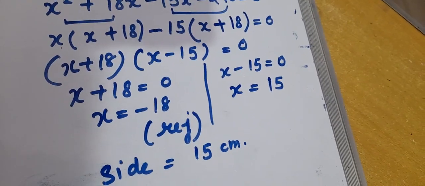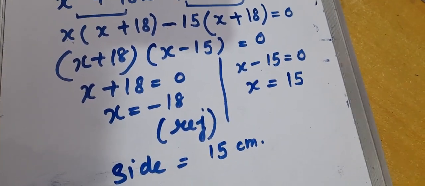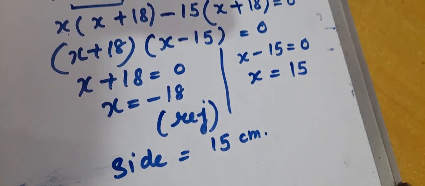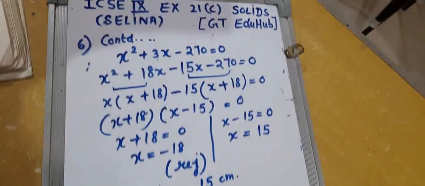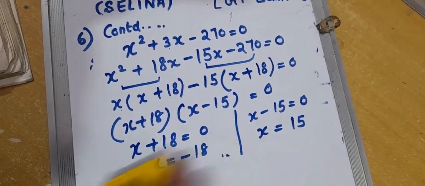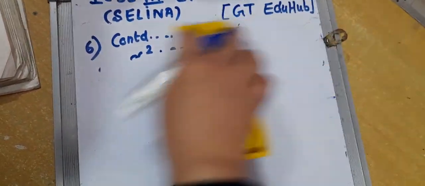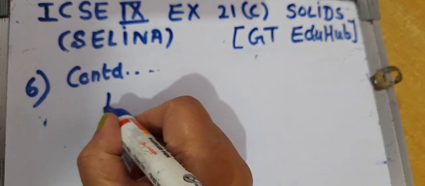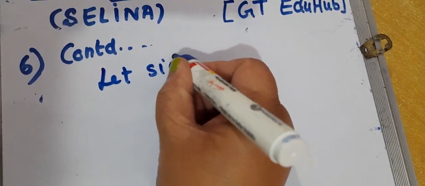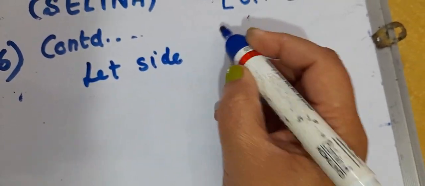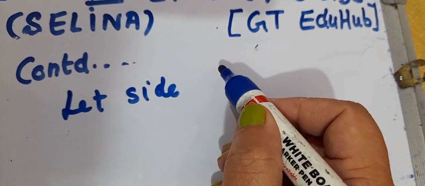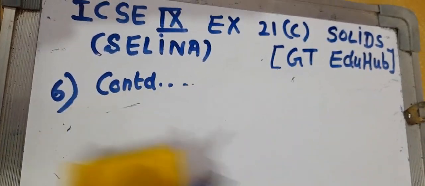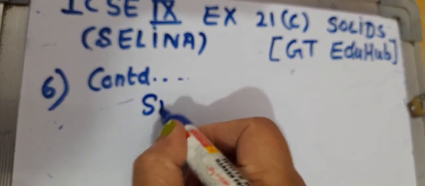Now we are asked how much will its volume decrease if the length of each side is reduced by 20%. Now we have to do this question again. Let's restart. We will not take a side as unknown, we have already calculated.